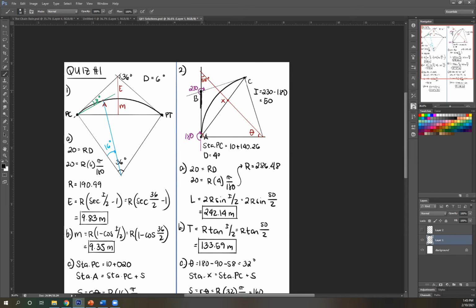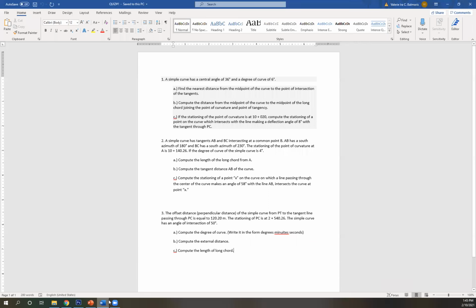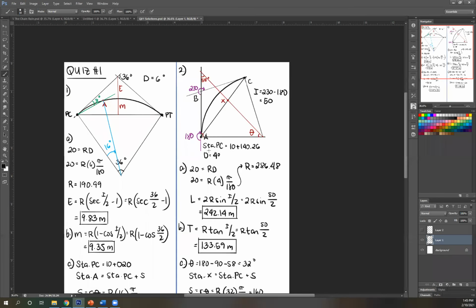So 230, that's somewhere here. Then draw a straight line from that. That is your BC. Okay, so that's how you draw the tangent lines. Next, stationing of PC is 10 plus 140. And so stationing of this is your PC, 10 plus 140.26.